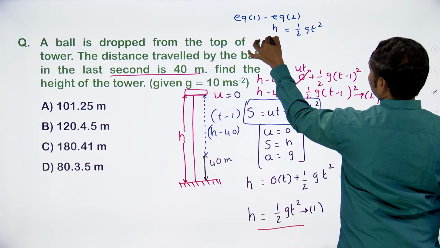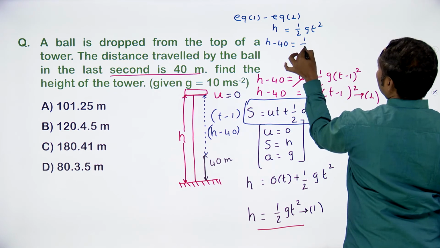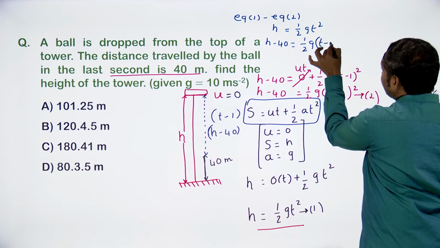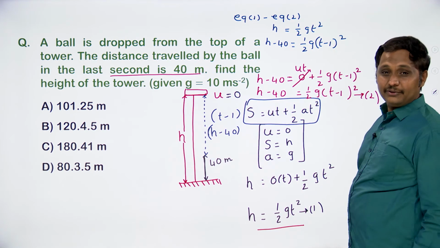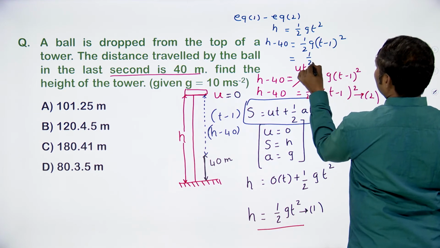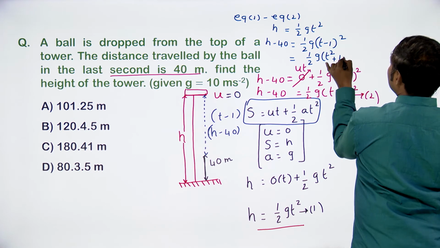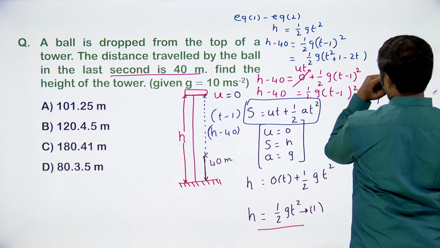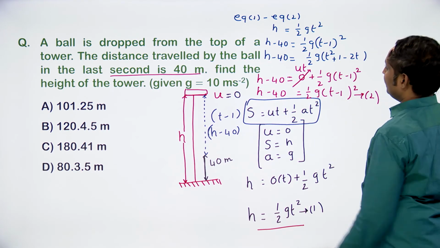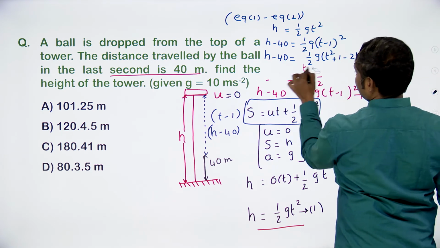Then h minus 40 is equal to 1 by 2 g into t minus 1 whole square. We would like to get that, that is 1 by 2 into g t square plus 1 minus 2t, it is very clear, h minus 40, right. Let us erase some part to have that.